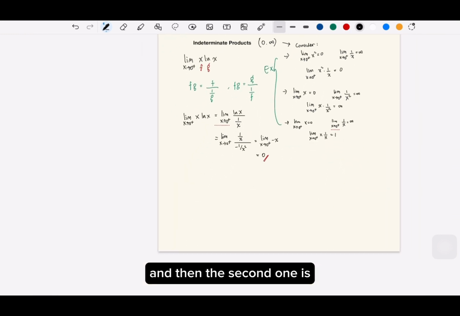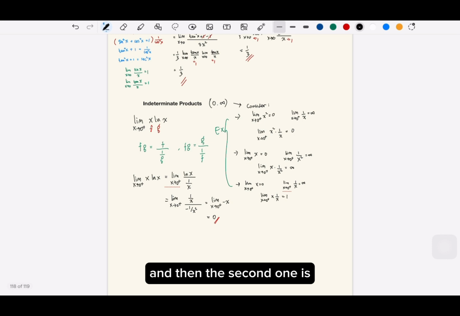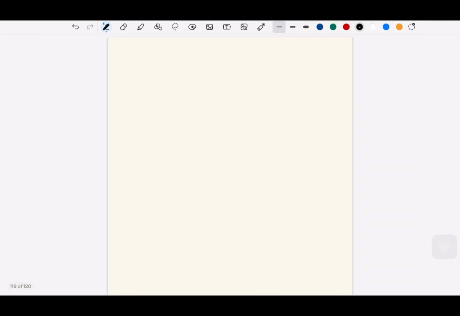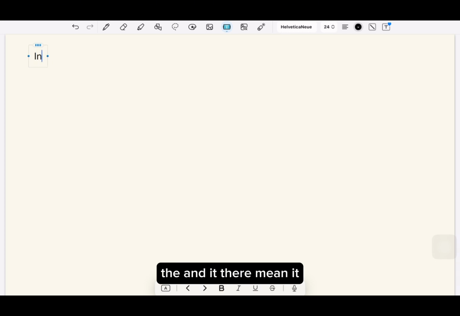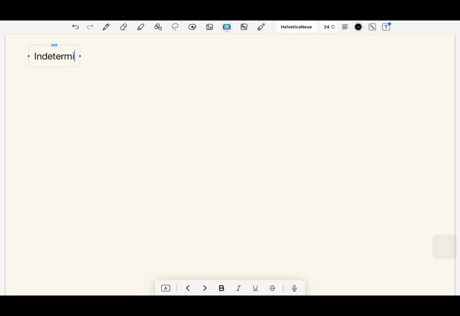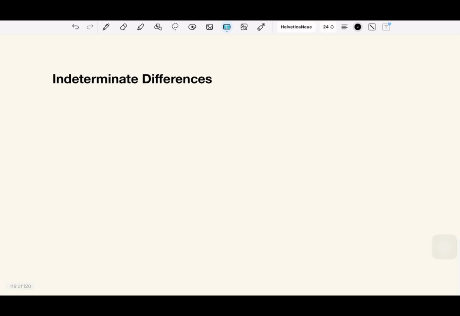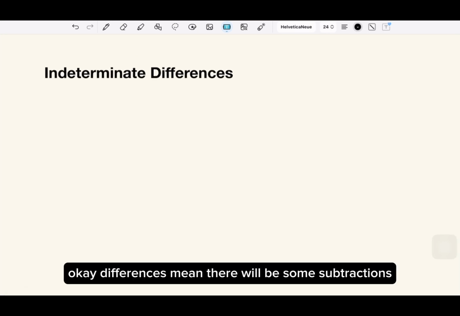And then the next one is the indeterminate difference. Okay, differences mean there will be some subtractions.